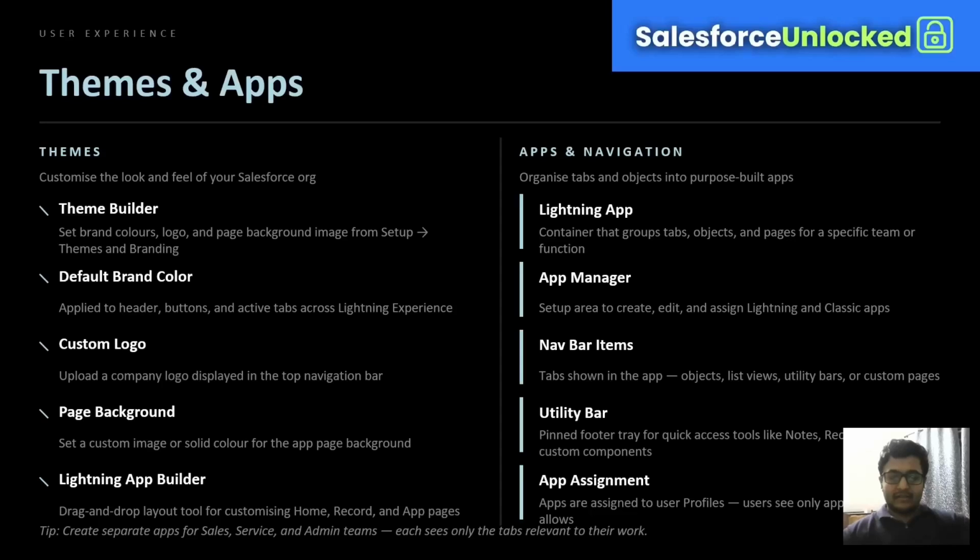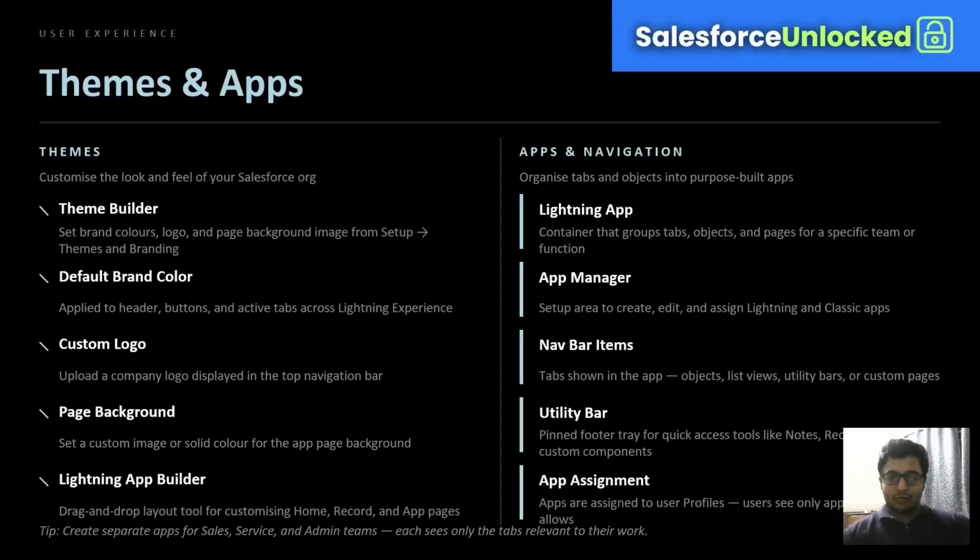This is managed by app assignments, where you assign apps to profiles. Sales reps see the Sales app, service agents see the Service app, and admins see the Admin app. Each user only sees the apps their profile allows, and when they log in they land on their default assigned app page.